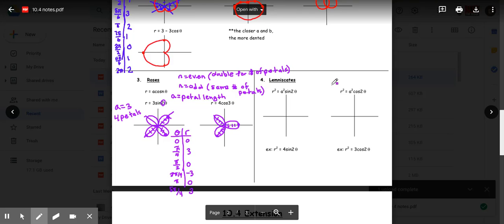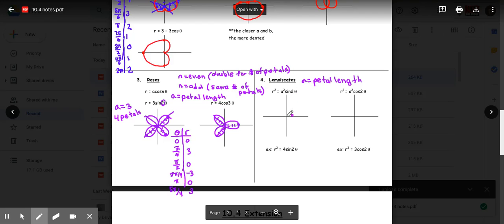All right, lemniscates, last one. Okay, a stands for the petal length. All right, and this is in the form of r squared equals a squared sine 2 theta, or r squared equals a squared cosine 2 theta.